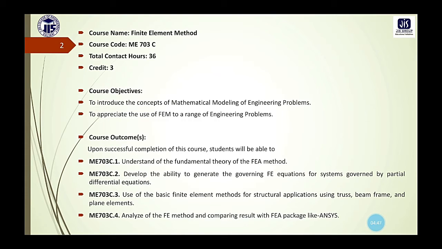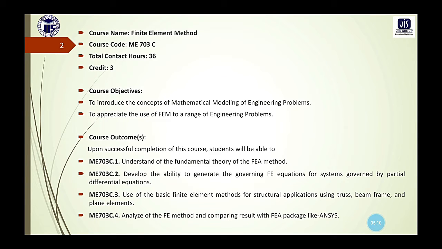And the last course outcome is to analyze the finite element method and compare results with a finite element analysis package like ANSYS. There are different software packages by the help of which we can solve these finite element method problems.